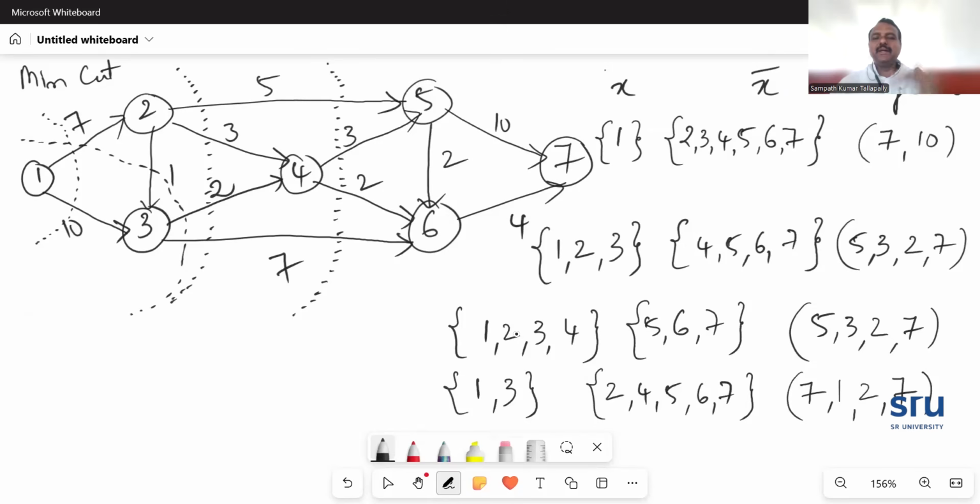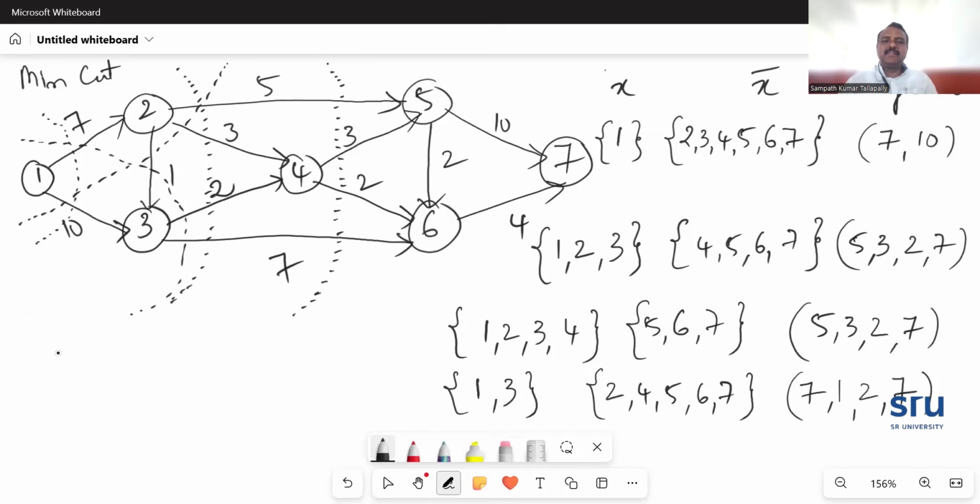Now we go ahead and see what other partitions I can make. Okay, this is 1, 2, 3, 4. I will take out this image and keep it here so that you can understand on the whole page. So what can I do now? I can even cut my graph in this way.